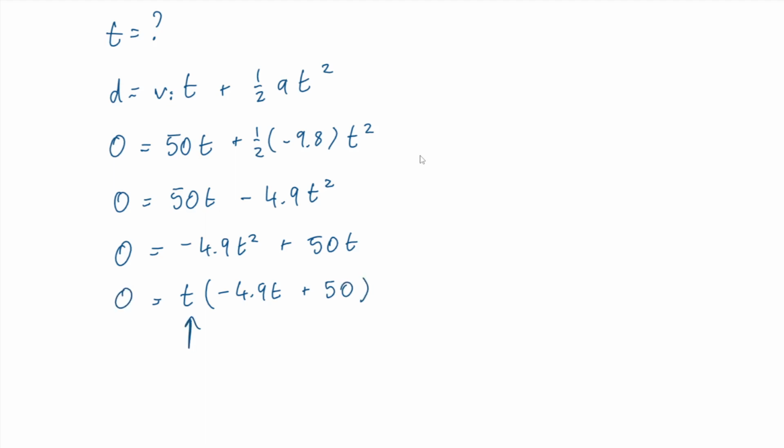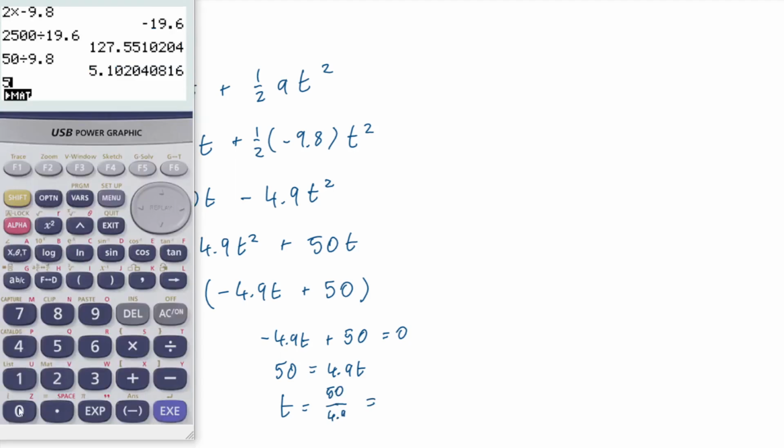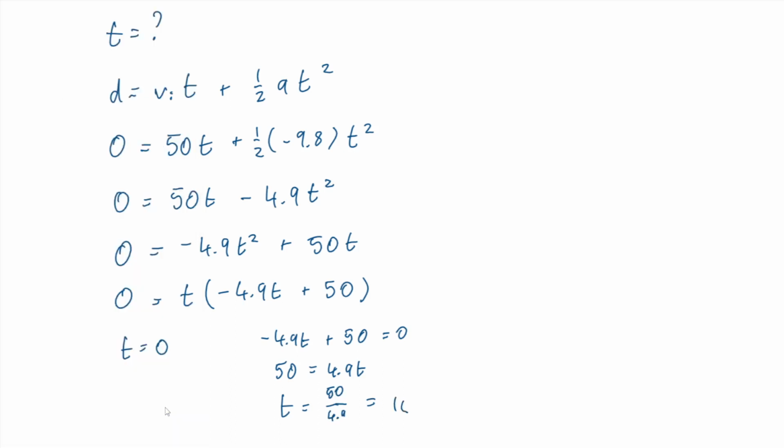Therefore, either t equals 0 or minus 4.9t plus 50 equals 0. Add 4.9t to both sides. Divide both sides by 4.9. That looks to be about 10. Let's double check. 50 divided by 4.9, 10.2.